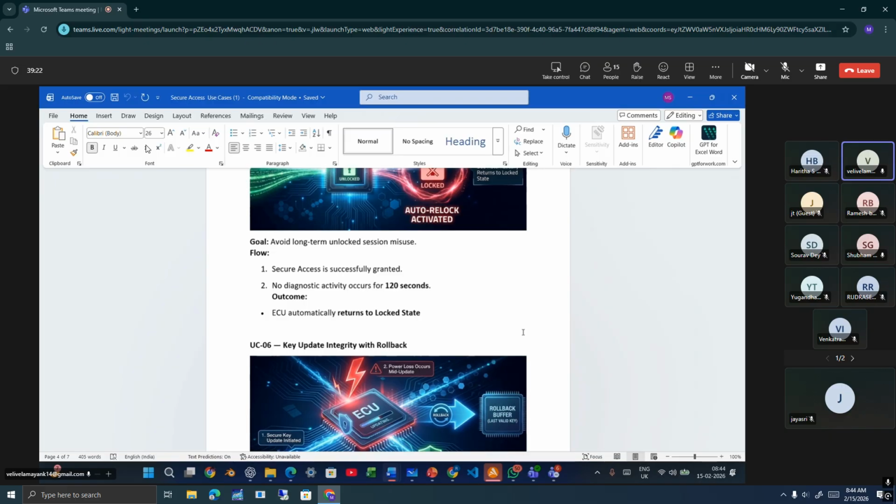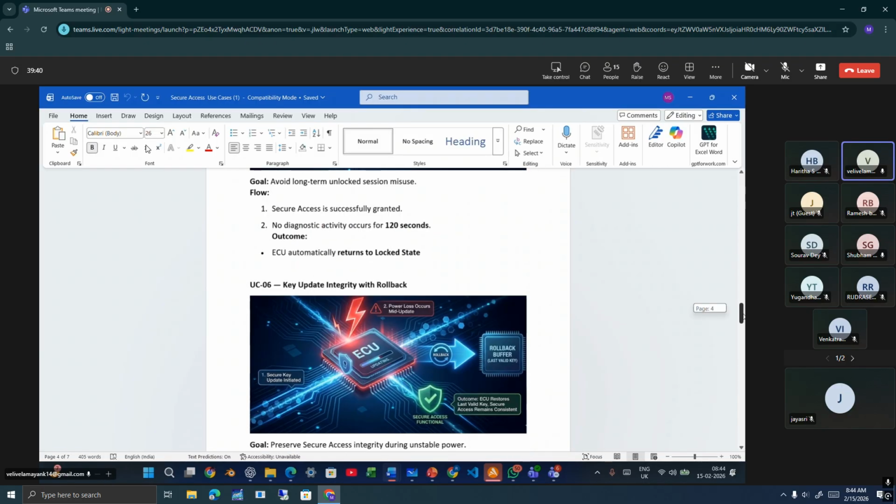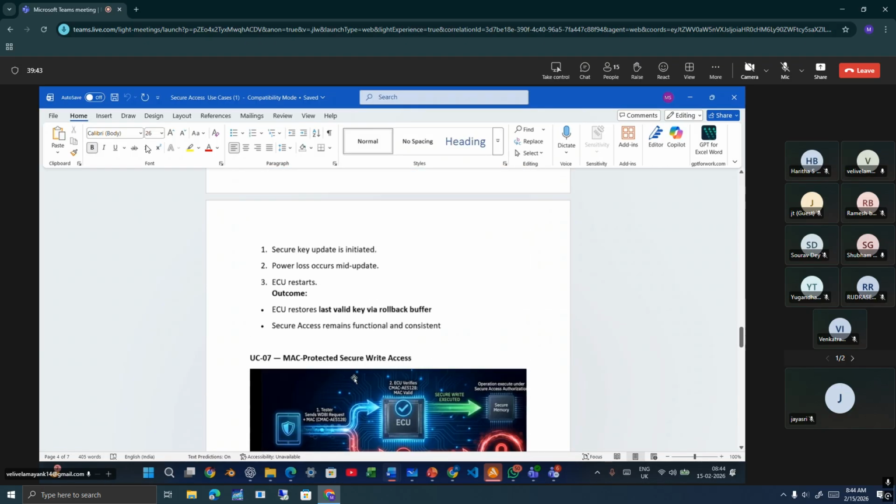One is reprogramming, second is writing the data, third is reading the data, fourth is clearing DTCs. Similarly, you have 10 to 15 services. Based on that, you can define the system use cases. Maybe message authentication code or digital signature or hashing or HMAC, that is up to your design of the logic.